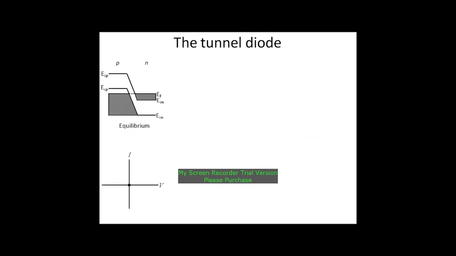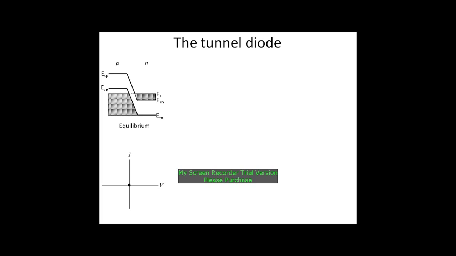If we look at the case of the tunnel diode in its equilibrium state, there's no voltage being applied, and so no current is flowing. With a very highly doped material, such as the tunnel diode, you actually have the Fermi energy level crossing into the conduction band for the N-type region.